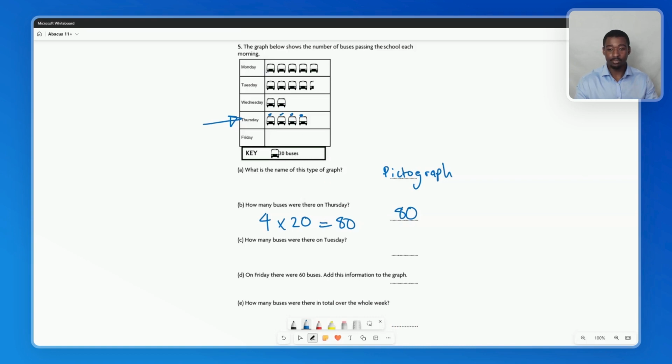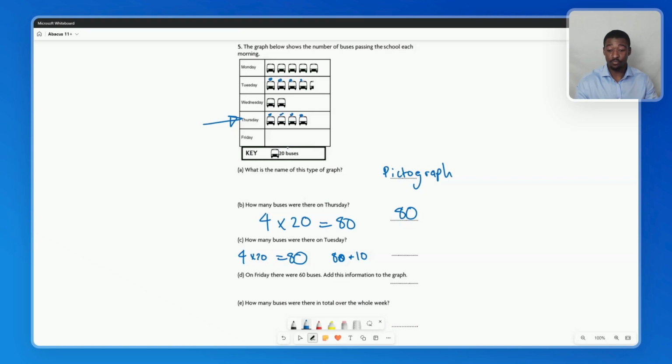And then for Tuesday, same sort of thing. 1, 2, 3, 4. But then we have a half of a bus here. So here it's going to be 4 times 20, which is the 80. And then we have 1/2. So we have 10 buses. So 80 plus 10.